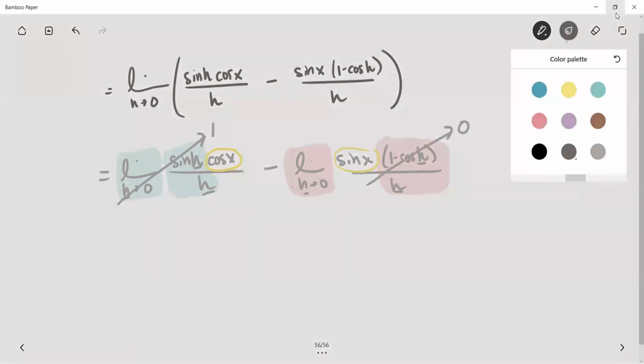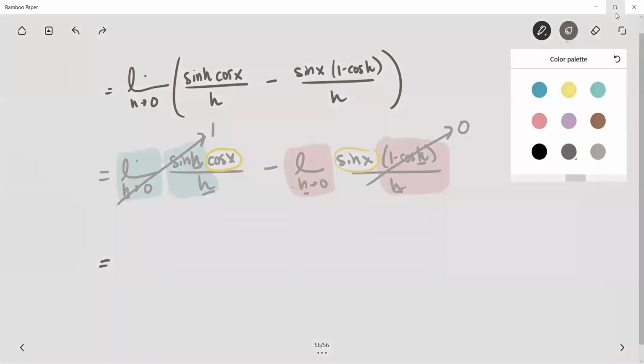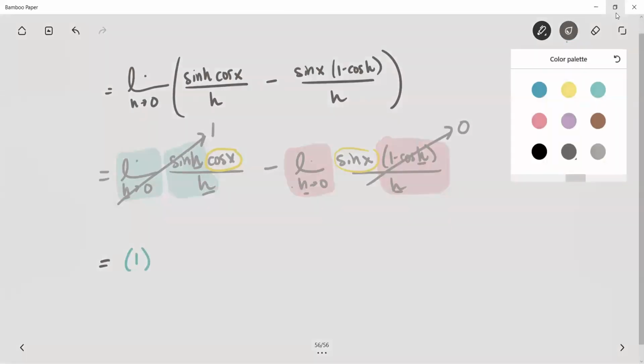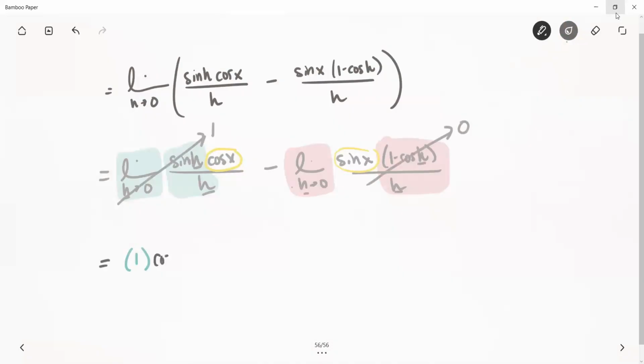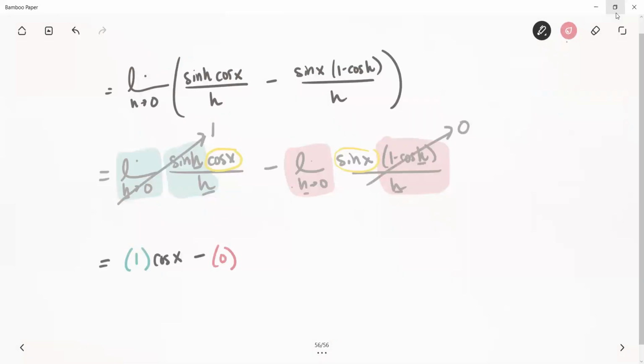And so we're going to get 1. Let's do that in color. Okay, so we're going to get 1 times cosine of x minus 0 times sine of x.